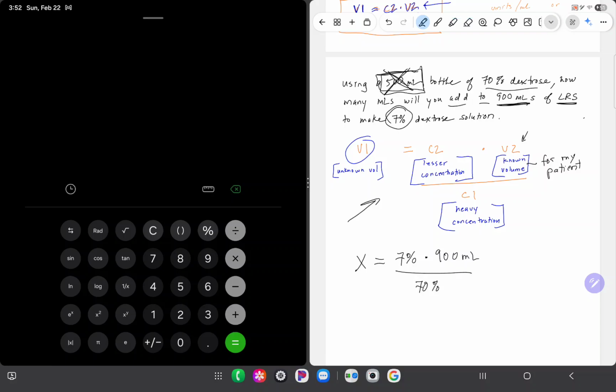Okay? Now with math, percents will cancel out. And then we go to our calculator. We take 7 times 900 divided by 70. And it says 90 mil. All right, and that's it.